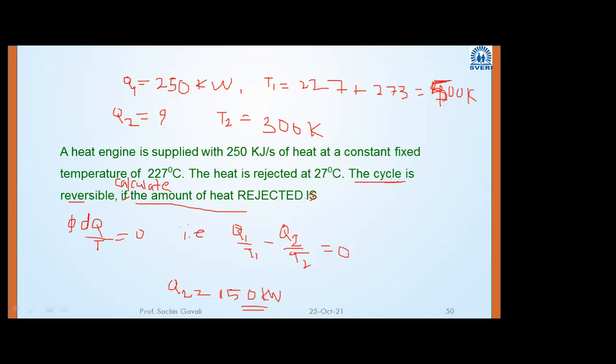So another way is that for a reversible cycle, the cyclic integral of dq by T is equal to 0. That is Q1 divided by T1 minus Q2 divided by T2 is equal to 0.